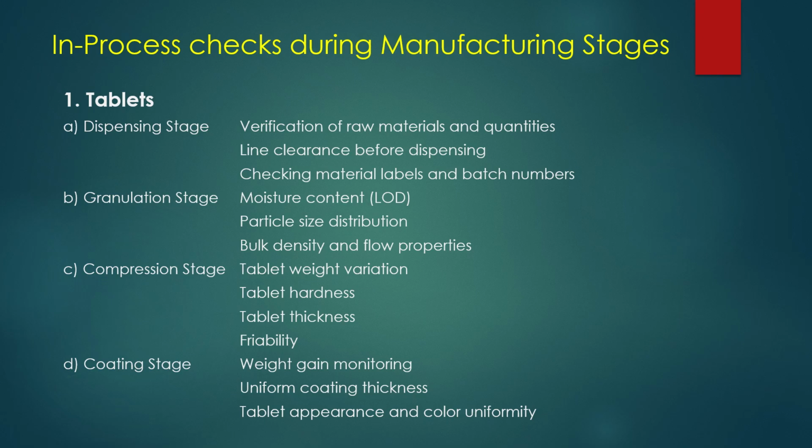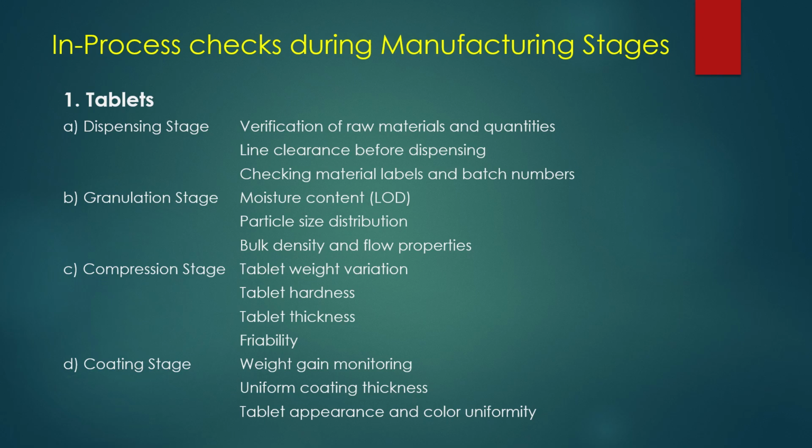In-process checks are carried out at different stages of tablet manufacturing to ensure quality and process controls. At dispensing stage, in-process checks include verification of raw materials and quantities, line clearance before dispensing, and checking material labels and batch numbers. At granulation stage, checks include monitoring moisture content, particle size distribution, bulk density, and flow properties.